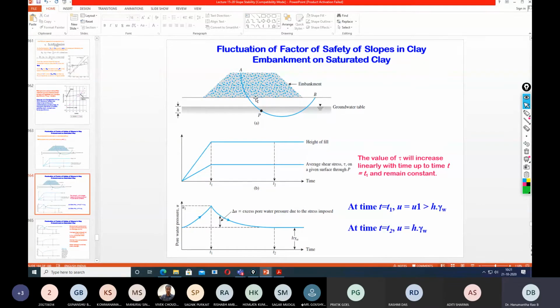So as you are increasing the height of the embankment, there is an increase in the shear strength of the soil. But how is the shear strength getting increased? Because unless something is happening inside the soil, the shear strength cannot increase. Now that can be correlated with the increase or decrease of the excess pore water pressure. As we understood from the previous slide, the soil is saturated.